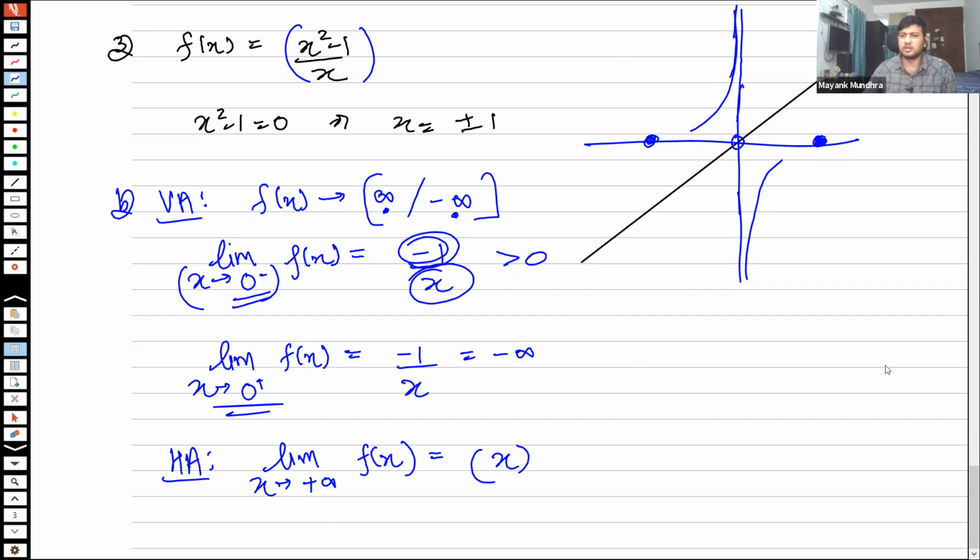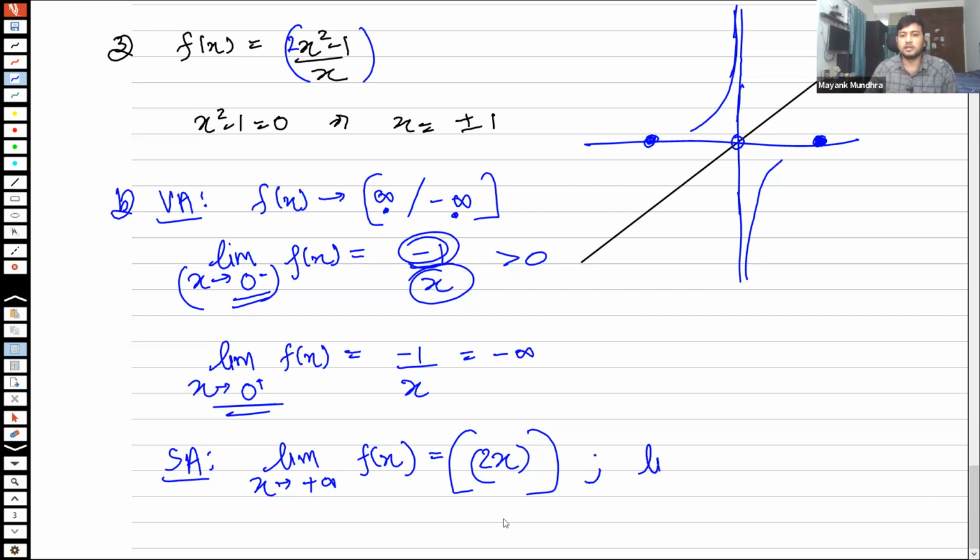Had this function been 2x square minus 1 by x, then this would have been 2x, and it would again be going to infinity, but along this line. After some point, it will graze along this y equals 2x line. So that is not a horizontal asymptote, that is basically your slant asymptote.